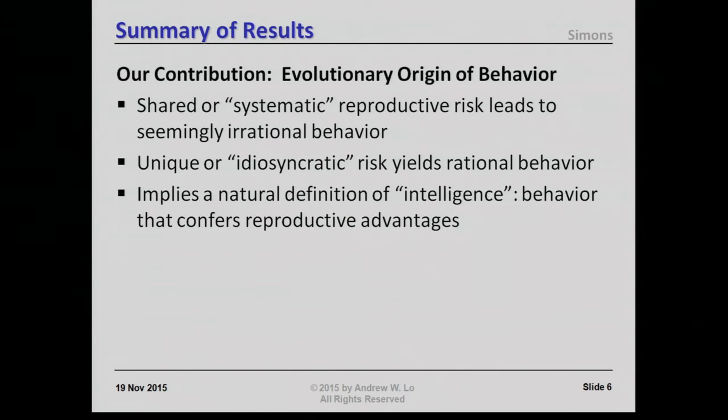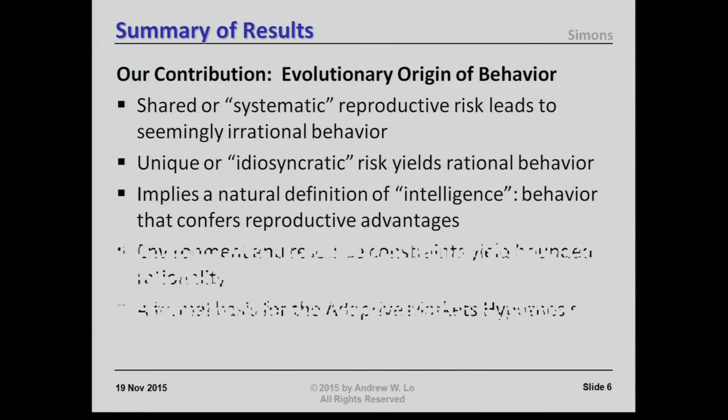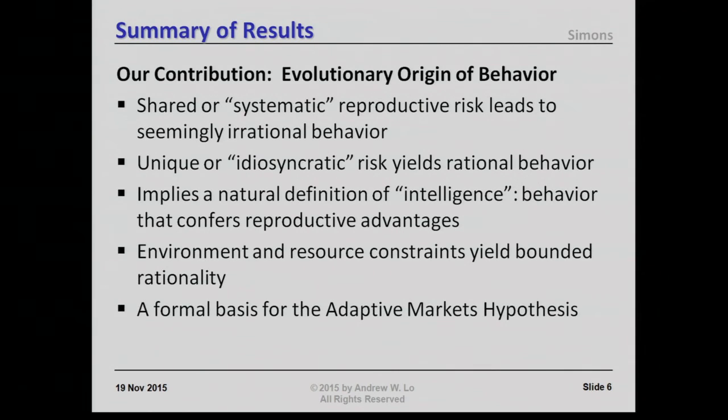So that framework will then provide a very natural definition for what intelligence is and what the bounds on intelligence might be. So we're going to ultimately come back full circle to what Herbert Simon proposed decades ago on bounded rationality and satisficing behavior. We're going to provide an evolutionary foundation for his work, and it ultimately forms the mathematical basis for what I've been calling over the last few years the adaptive markets hypothesis.